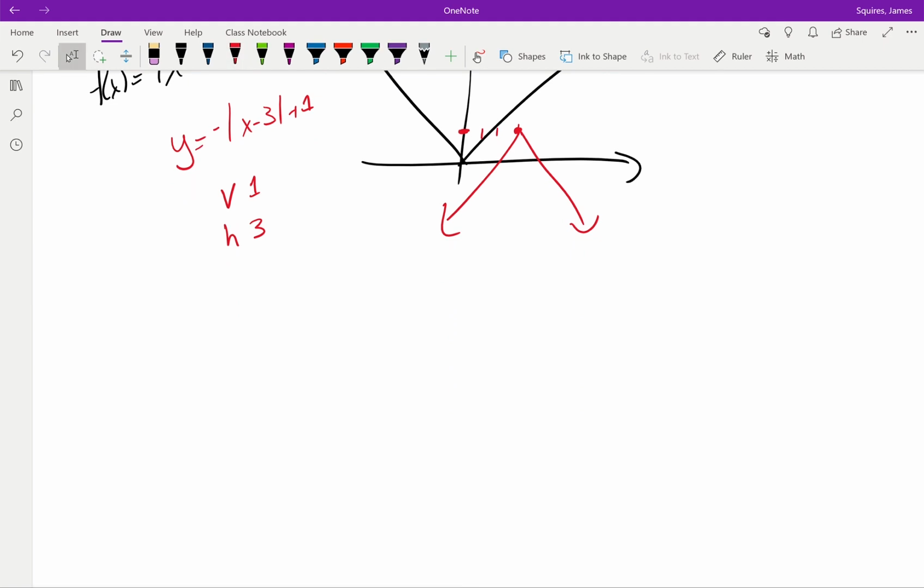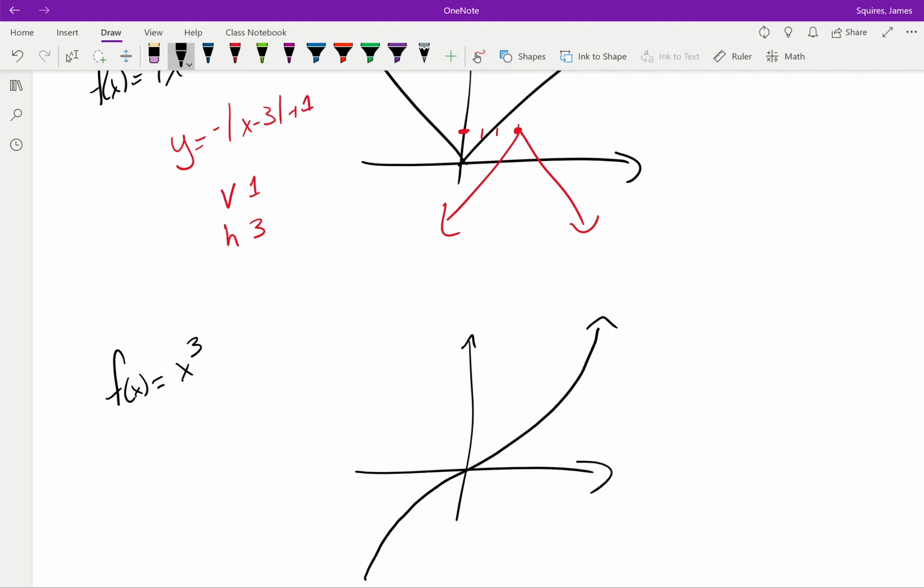Let's do another example. If we have f of x equals x cubed, and we wanted to graph the elementary function, that is our elementary function. And now we want to graph the function y equals negative x minus 5, cubed.